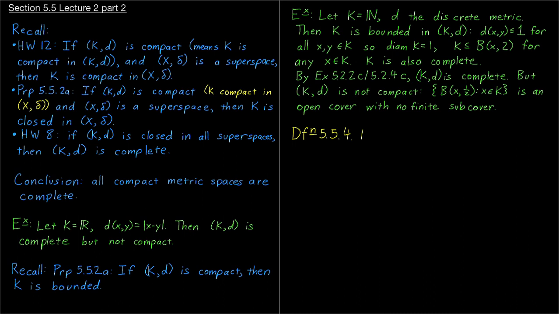So K, a subset of X, is totally bounded in the metric space (X, d), and being totally bounded is a lot like being compact or complete or even bounded.